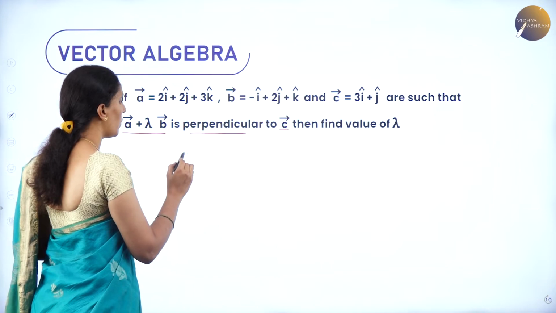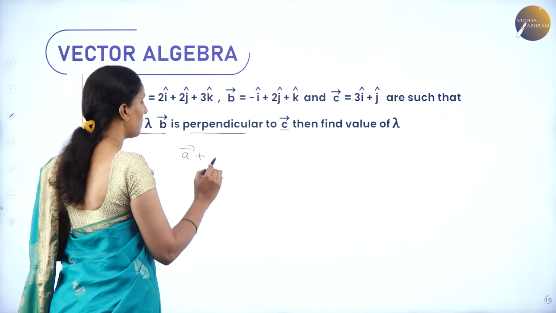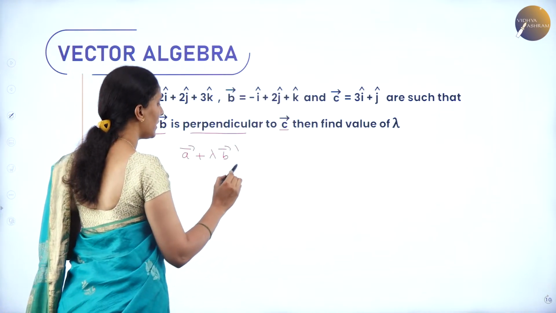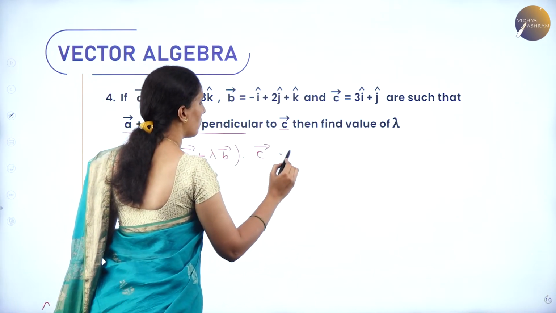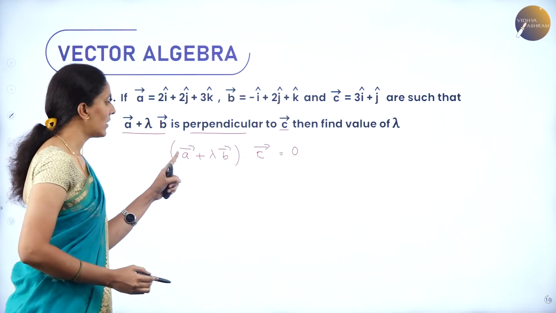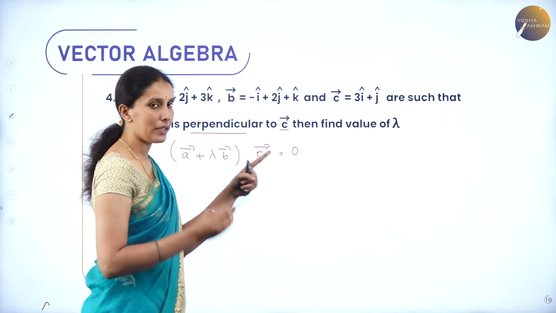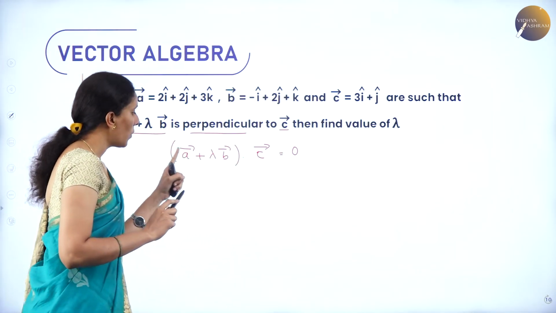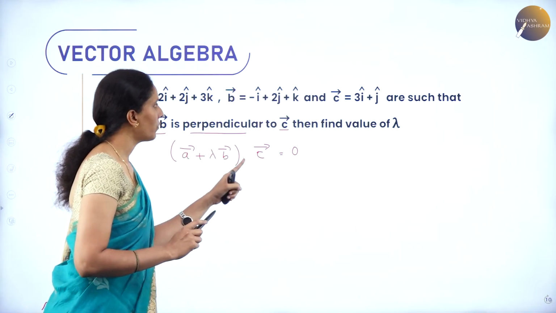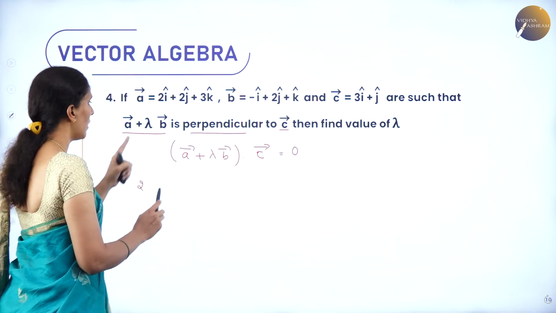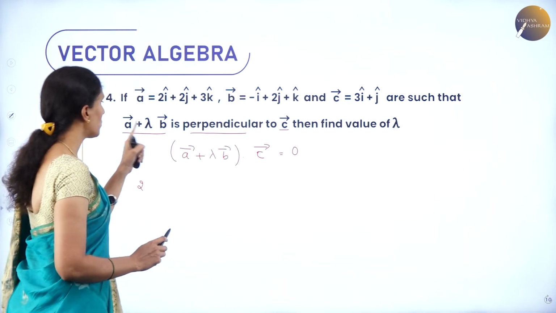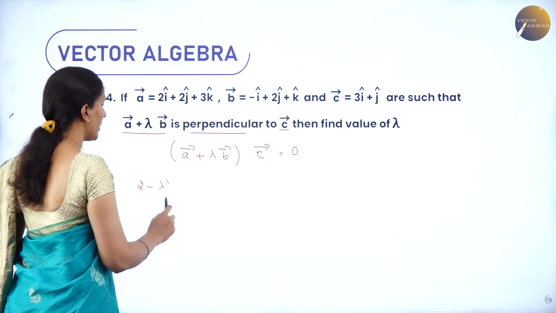So here we are going to write vector A plus lambda vector B dot vector C is equal to 0. Now let us take vector A plus lambda B. That means we have to take the sum of vector A plus lambda into vector B. So what will I get? First I will take 2 plus minus 1 into lambda, means 2 minus lambda into i.